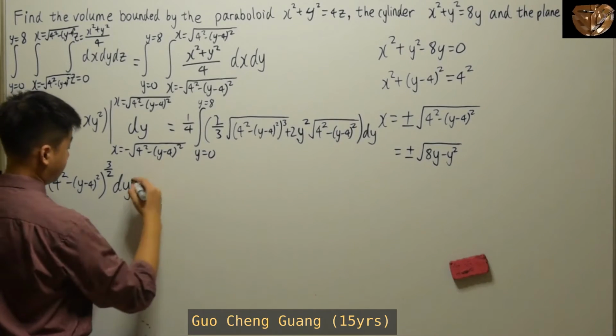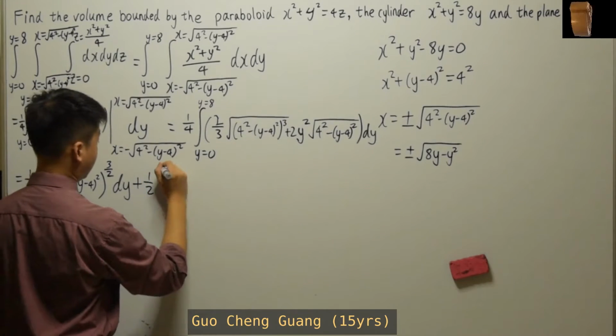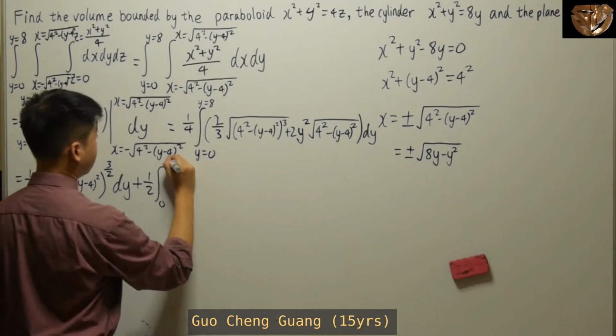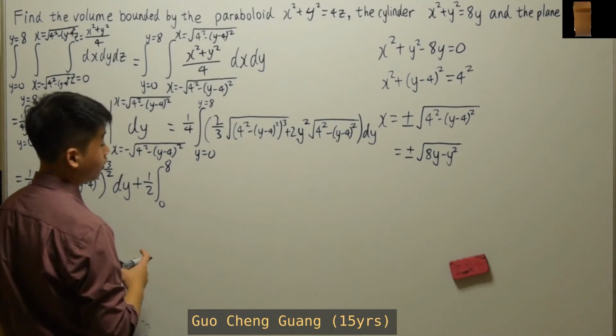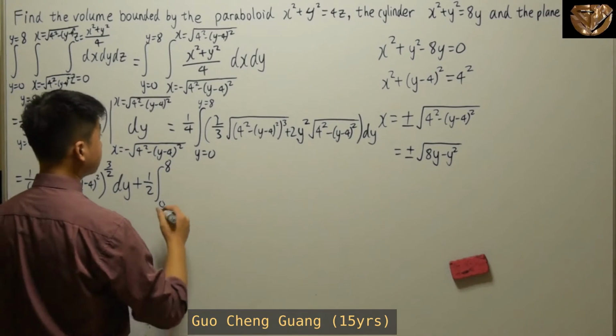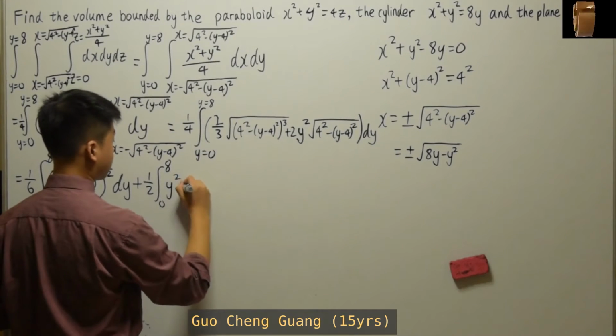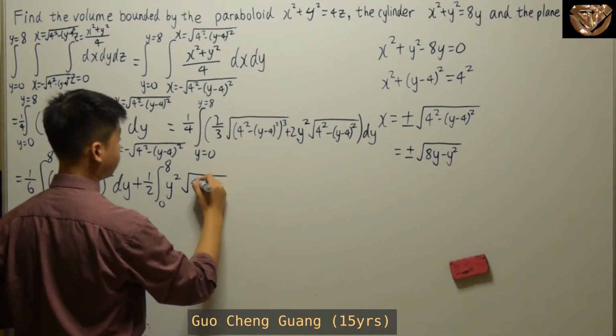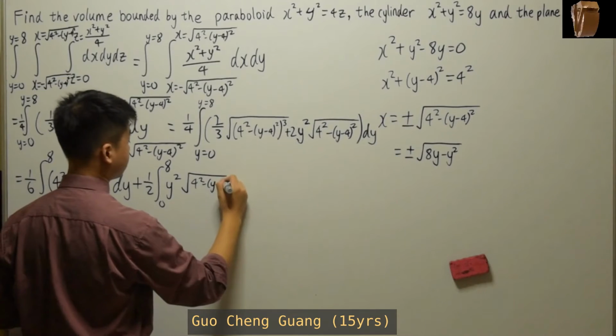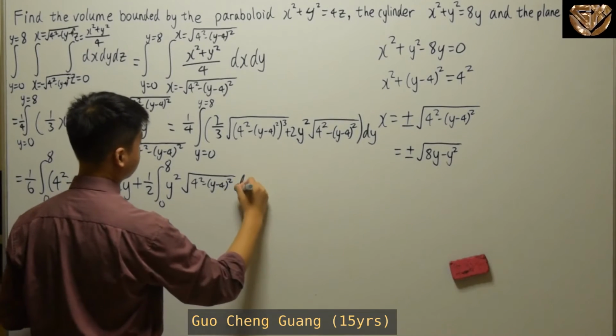And for the second part, you're going to have a half, integrate from 0 to 8, of y squared times square root of 4 squared minus (y minus 4) squared dy.